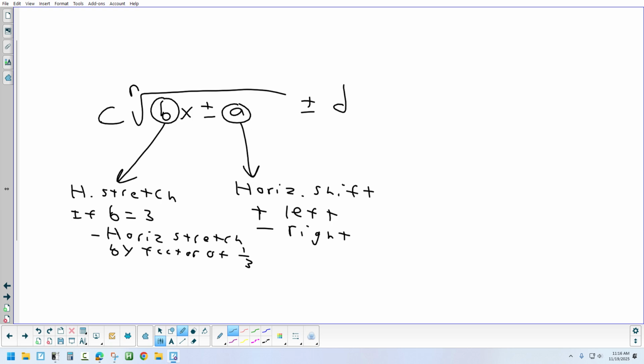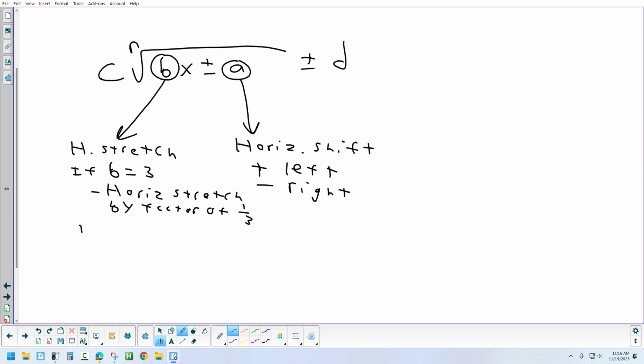The bigger that you make B, the more compressed the graph gets. That's how it works. If B was 2, then you would say that that's a horizontal stretch by a factor of 1/2.